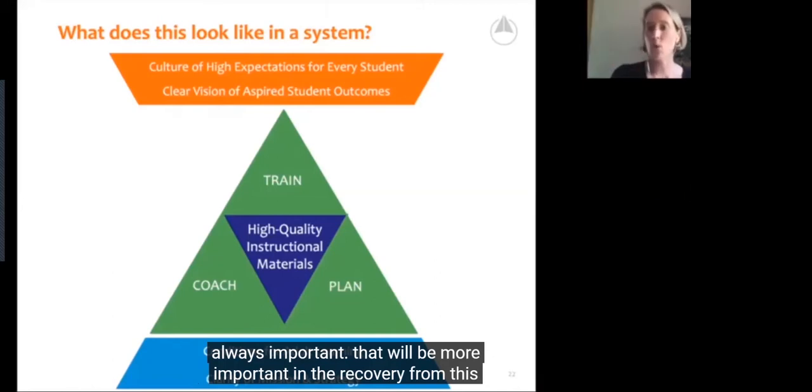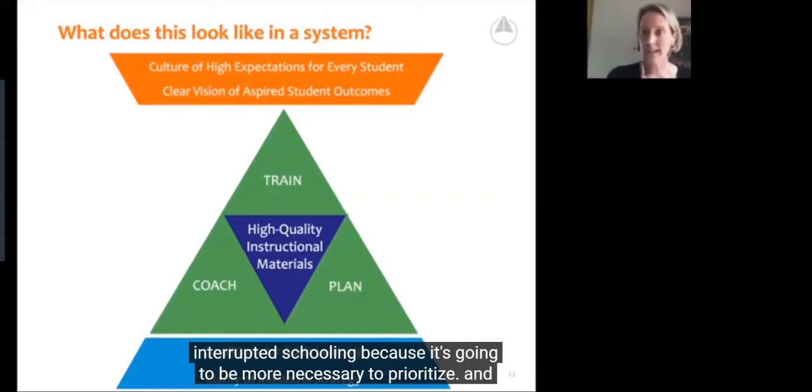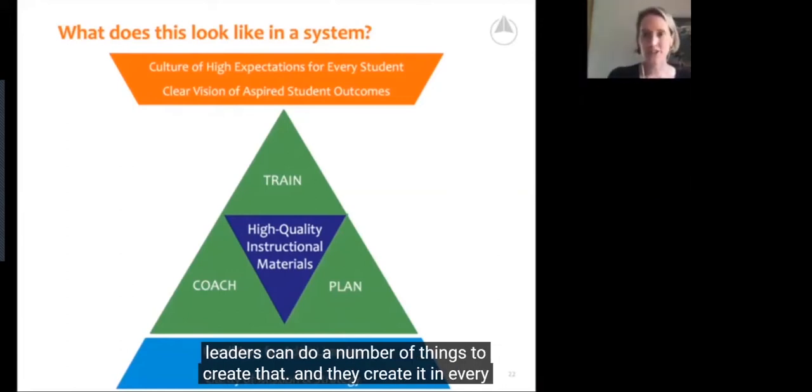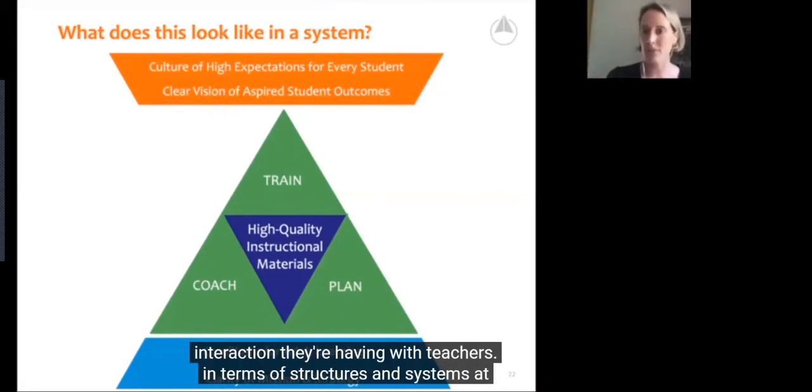That will be more important in the recovery from this interrupted schooling, because it's going to be more necessary to prioritize. And we cannot prioritize unless we're clear on the goal. That's the North Star. And leaders can do a number of things to create that. And they create it in every interaction they're having with teachers.